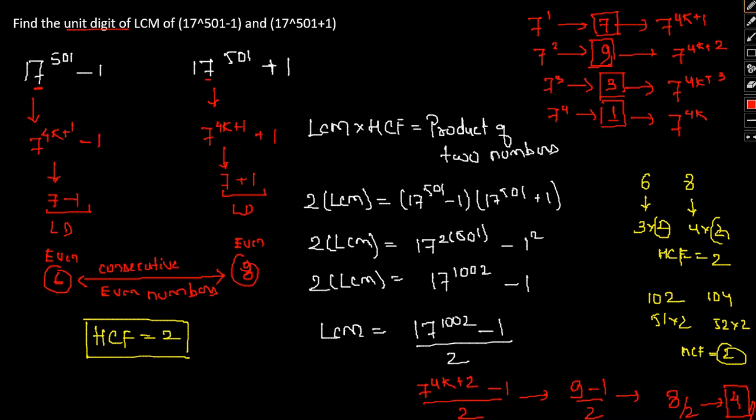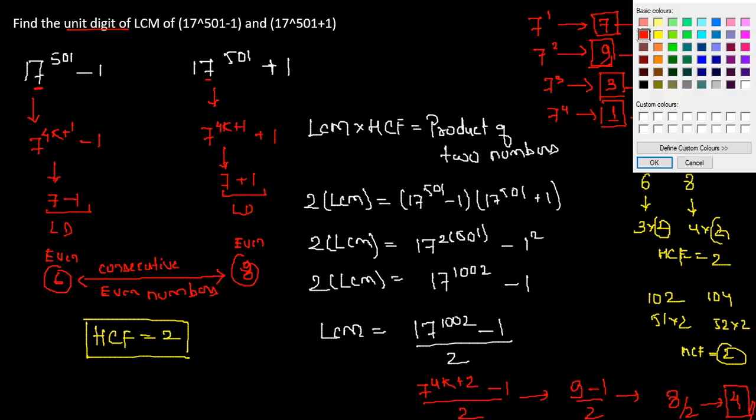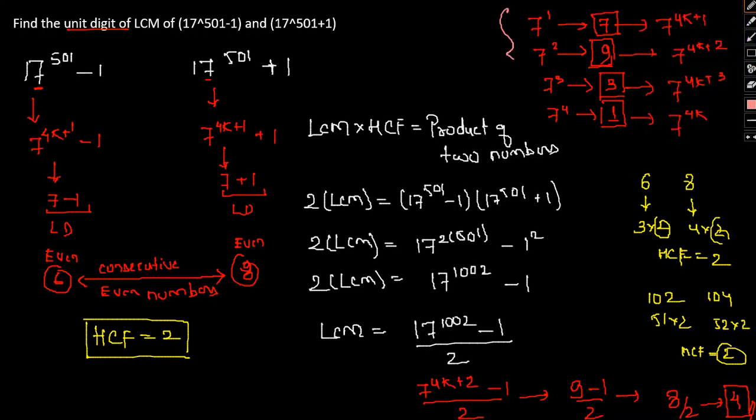Okay, so I hope this is clear. It's a very interesting question with so many concepts to keep in mind. Here we have talked about the cyclicity of 7. Here we talked about the unit digit.